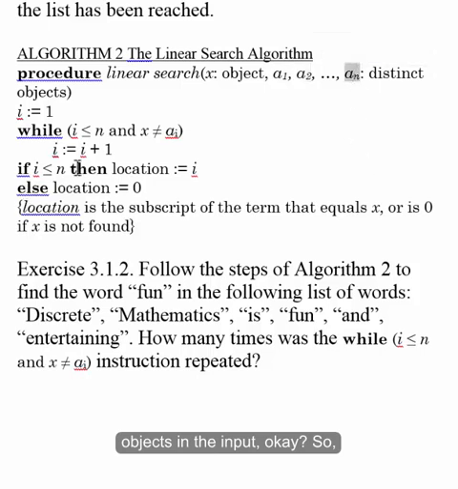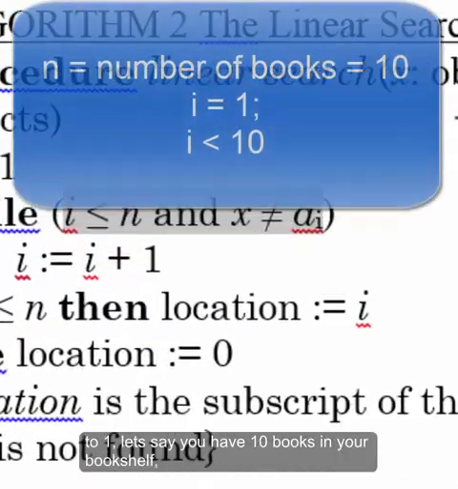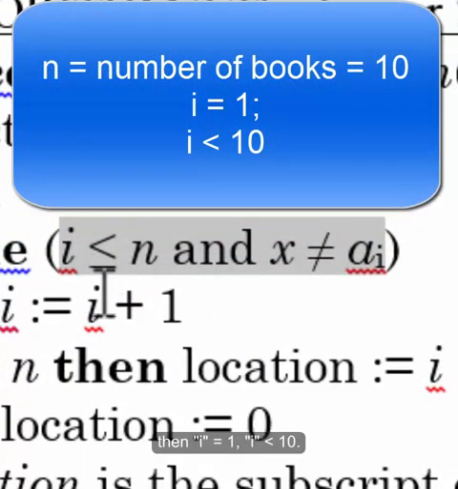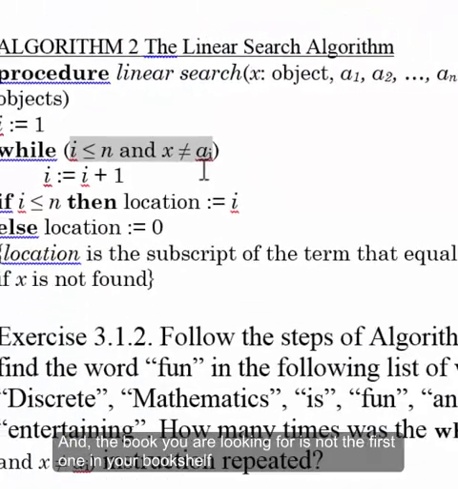Okay, so we need a loop again. This time we use a while loop. The while loop will execute that instruction while this condition is true. So initially, when I is equal to 1, let's say you have 10 books in your bookshelf, then I is equal to 1, I is less than 10, and the book that you're looking for is not the first one in your bookshelf.